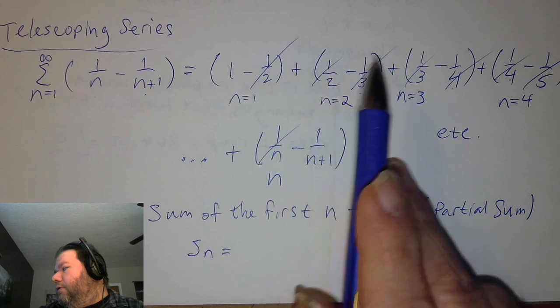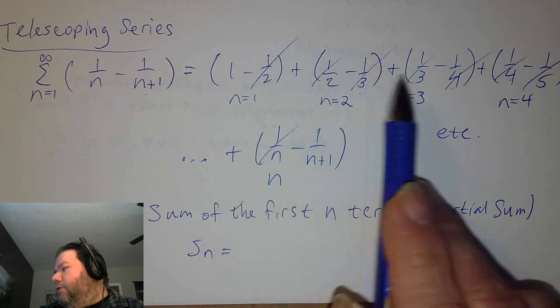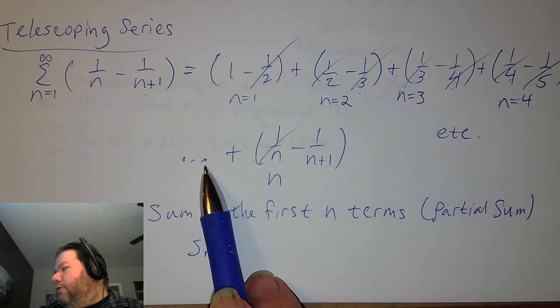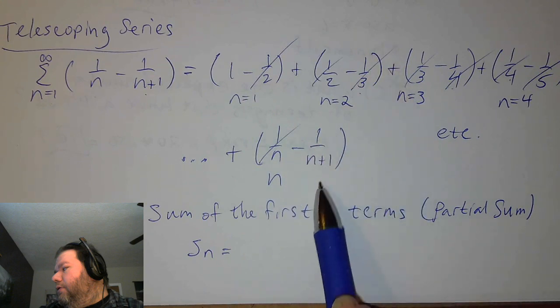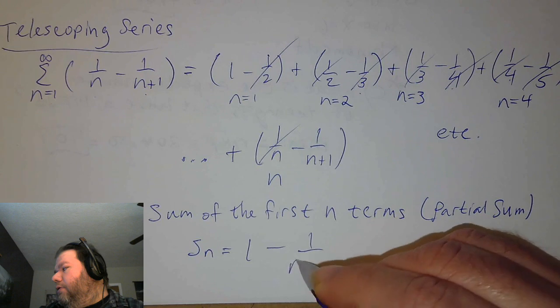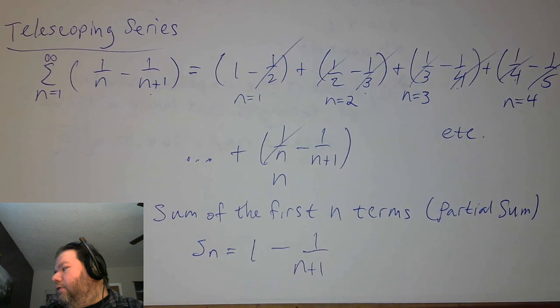And so we notice with all of these adding together, all of these terms will cancel, cancel, cancel, cancel. And then this one will be canceled by whatever term comes before that. So only the 1 and the minus 1 over n plus 1 is left over. So S sub n is equal to 1 minus 1 over n plus 1.